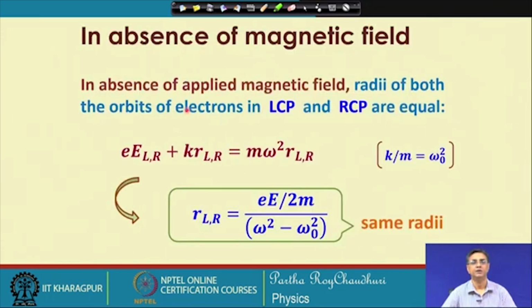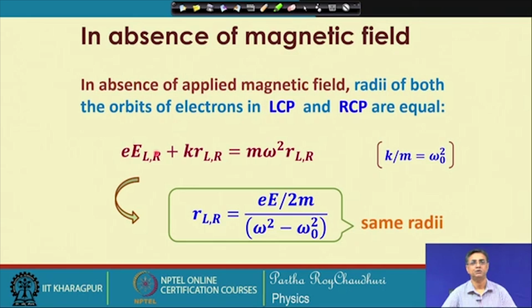So, let us see how we write this equation. In the absence of any applied magnetic field, the radii of both the orbits of the electrons in LCP, that is left handed motion of the electron, and right handed motion of the electron, have the same radii. And you can write this equation in this form.